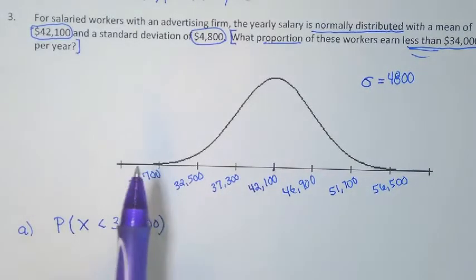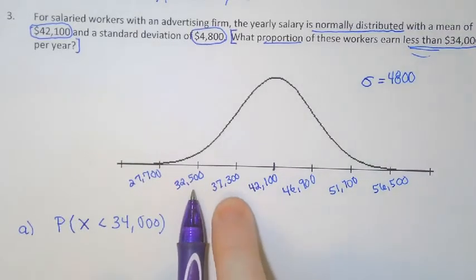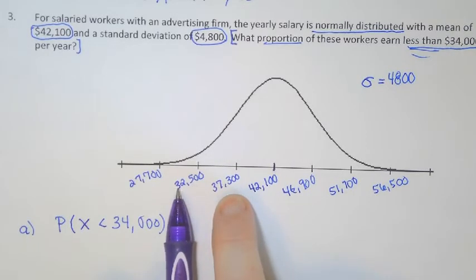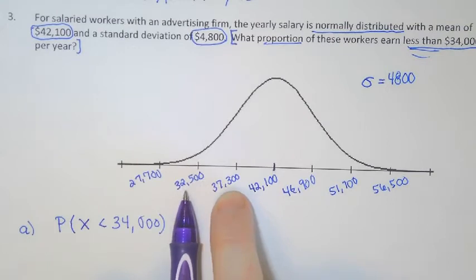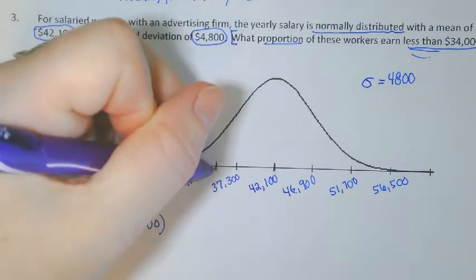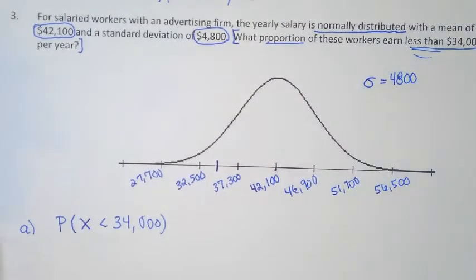So 34,000 is going to be between 1 and 2 standard deviations below the mean, somewhere around halfway between 32,500 and 37,300. So I'm going to make a tick mark there and label it with 34,000.